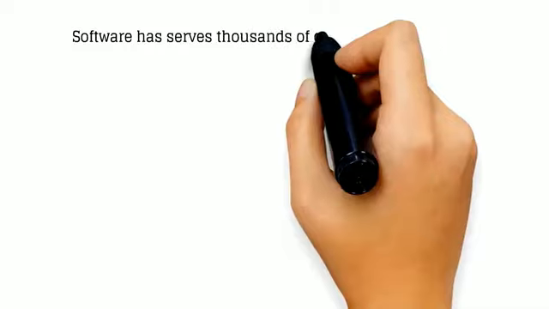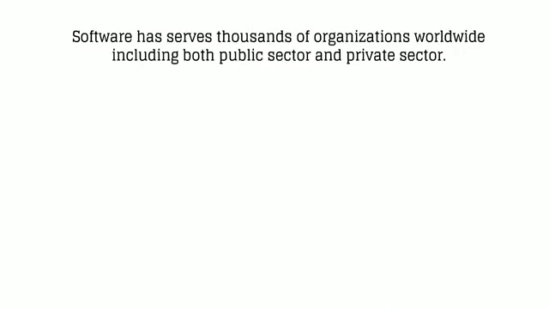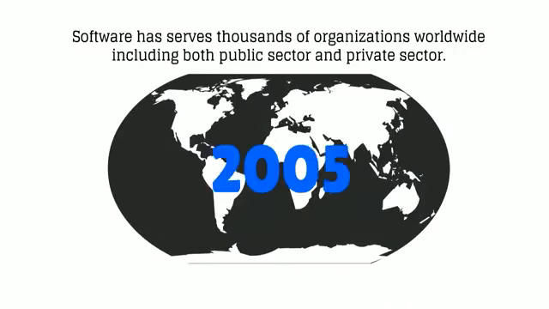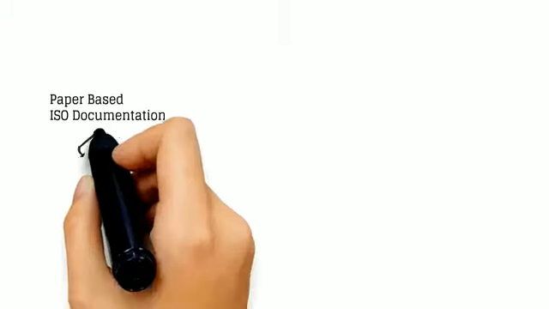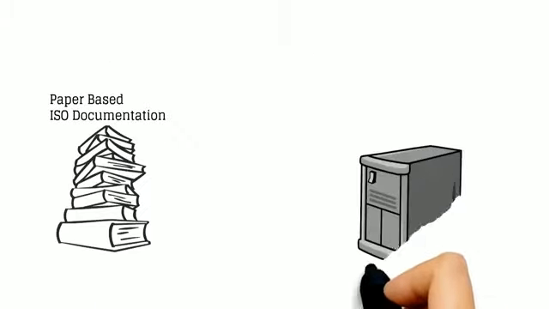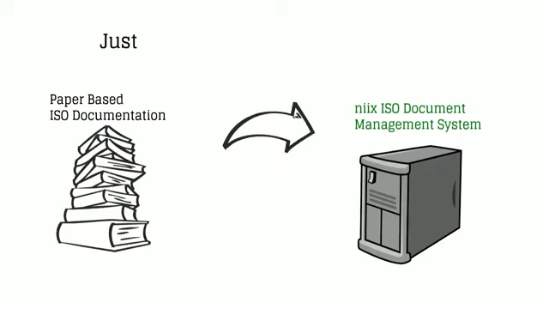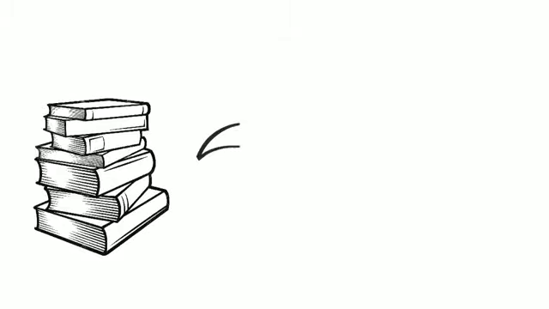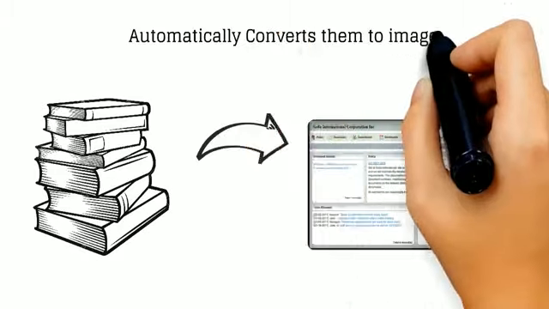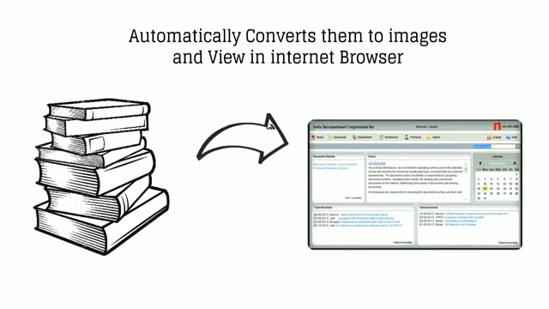The software has served thousands of organizations worldwide since 2005, including both public sector and private sector. You can easily transfer all your existing ISO documentation to NIIX ISO Document Management System by simple copy and paste from the original format in Microsoft Word or Excel, and the system will automatically convert them to images for users to view in an internet browser.